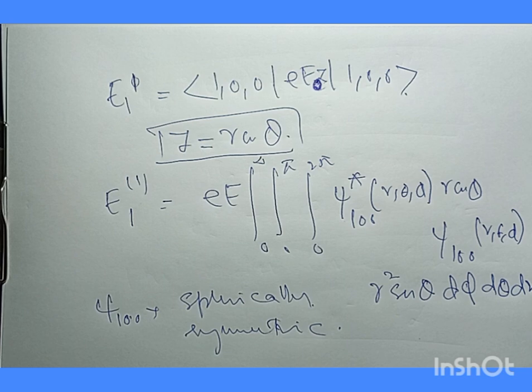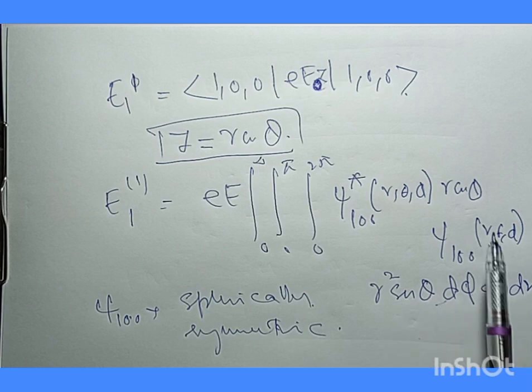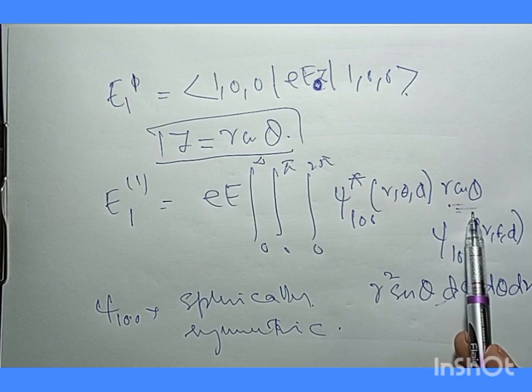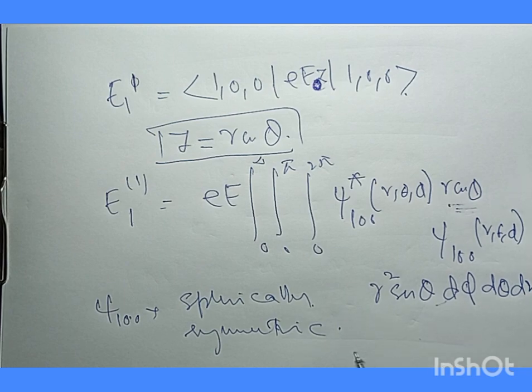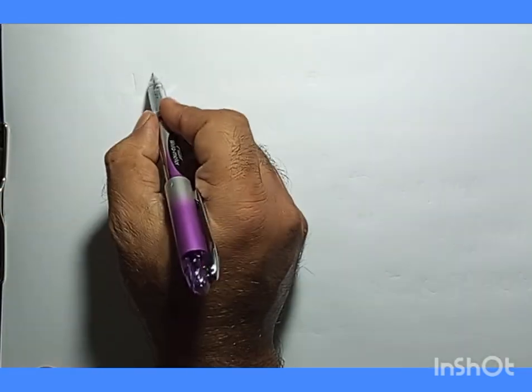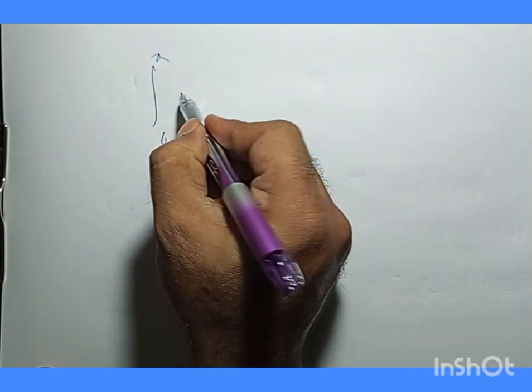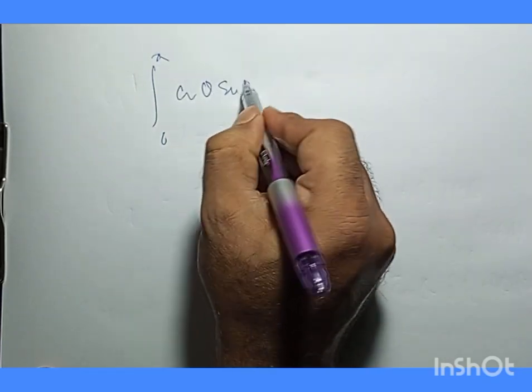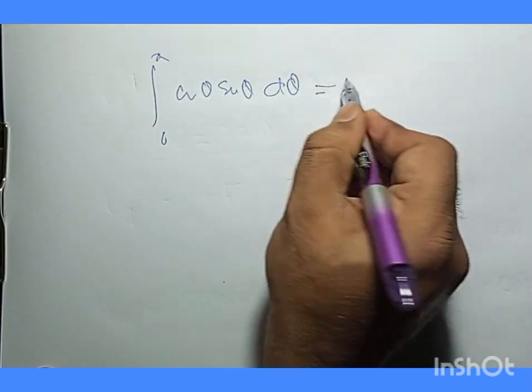So the angular part of this integral can be separated out, and the angular integration over cos theta, from 0 to pi of cos theta sine theta d theta, is immediately equal to 0.